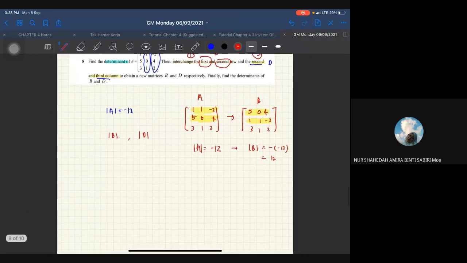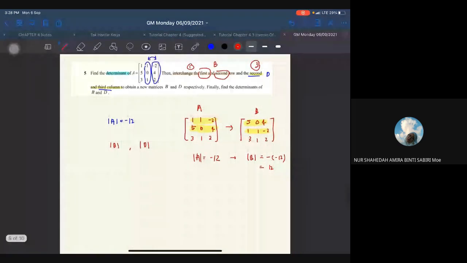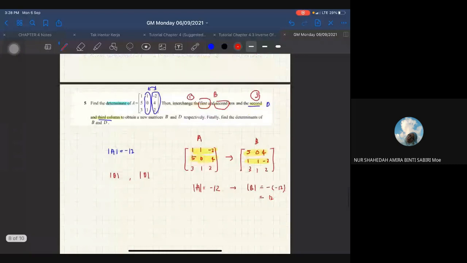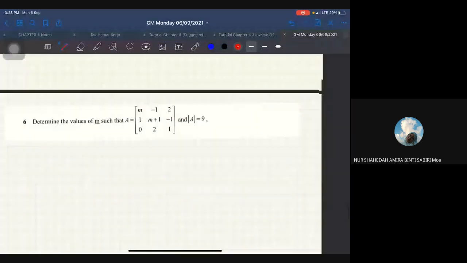Okay. Alright, so ada soalan tak this one? Opsa, Isa. Okay, so untuk this one.